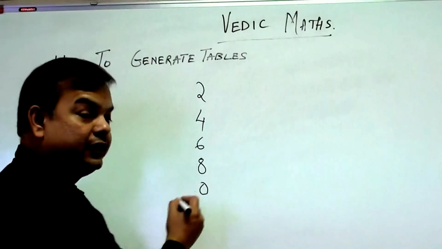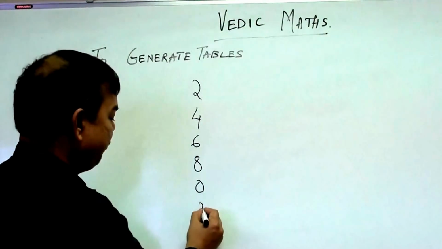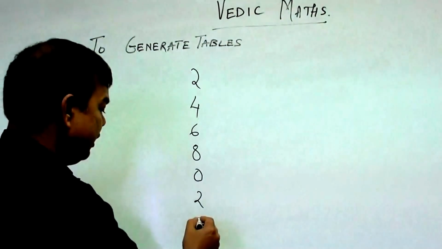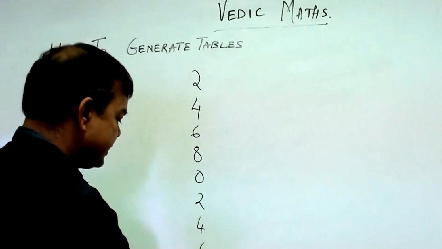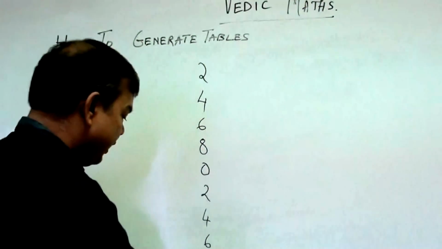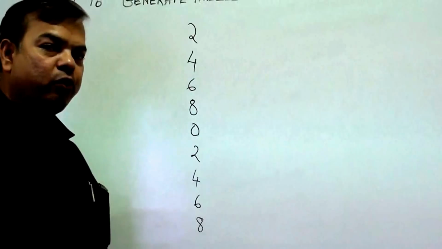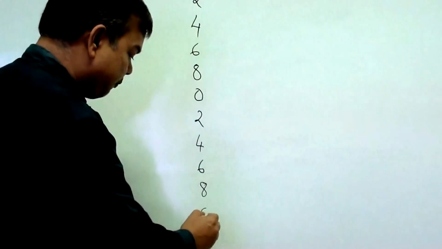So I will just write 0 here. 2 sixes are 12, 2 sevens are 14, 2 eights are 16, 2 nines are 18, and again 2 tens are 20. So I will write 0.